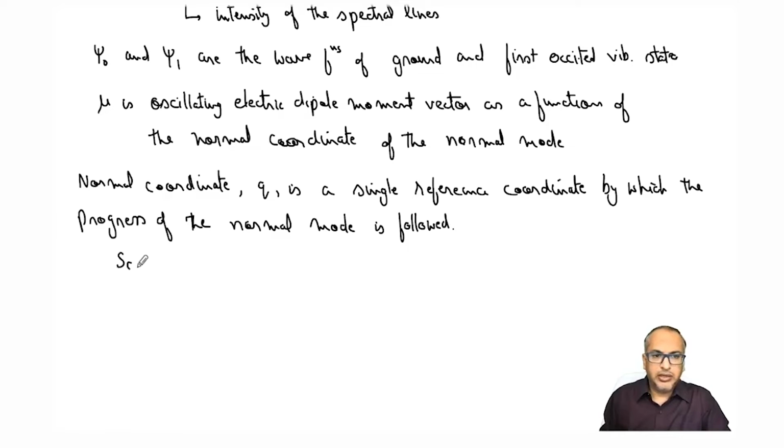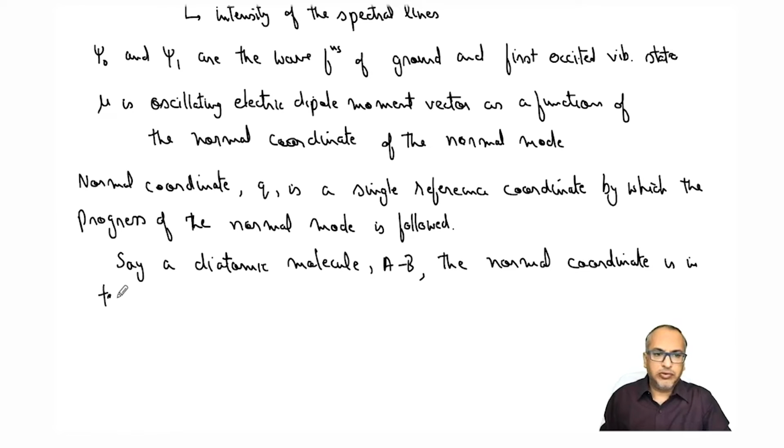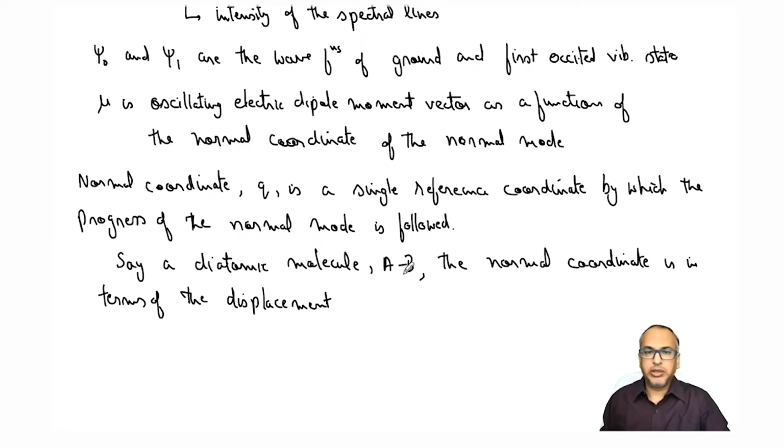So let's say a diatomic molecule AB, the normal coordinate is in terms of the displacement of the two atoms, because that will lead to the stretching or compression of this bond, which is one of the vibrational modes, right?